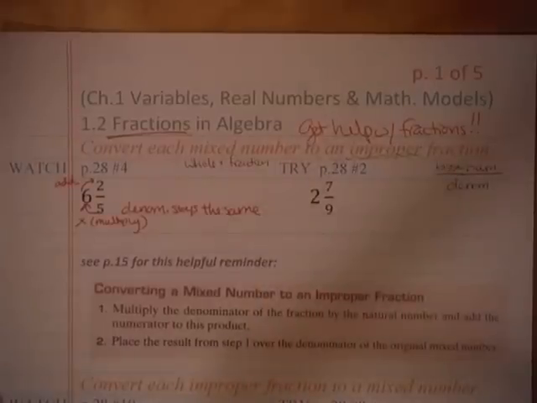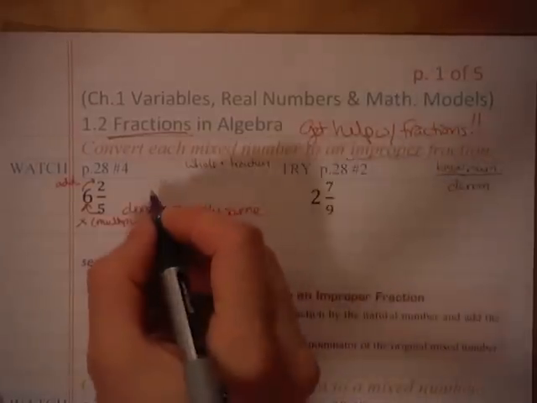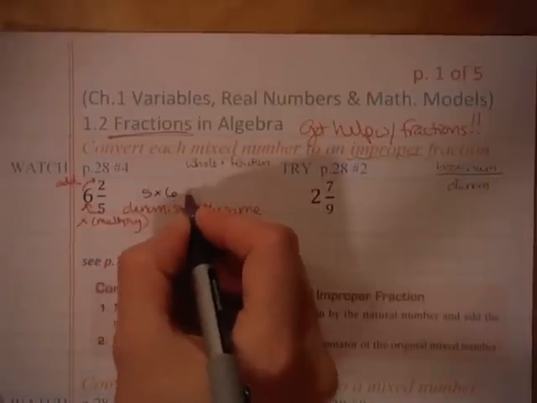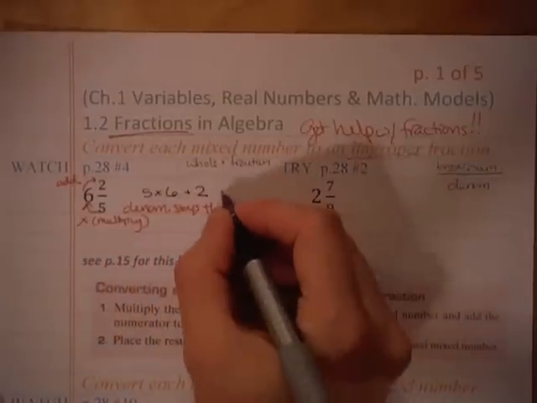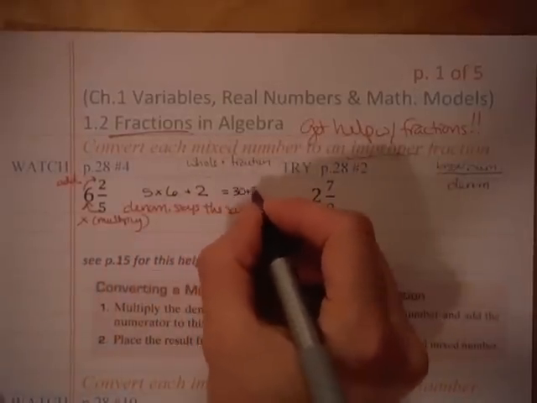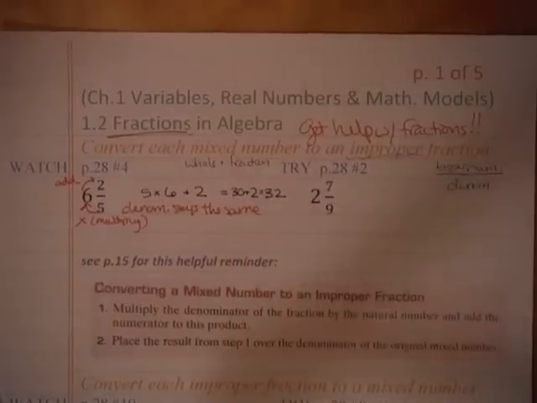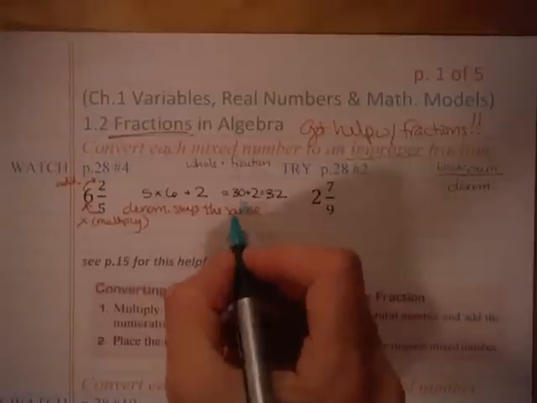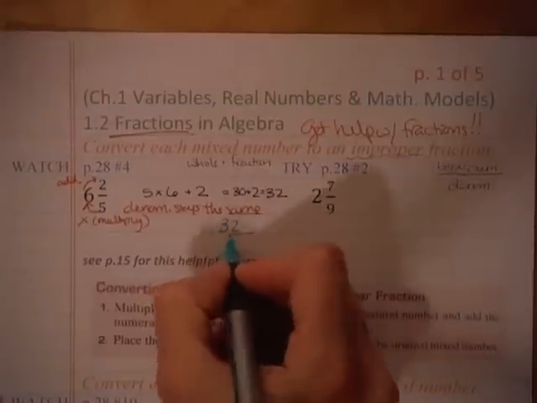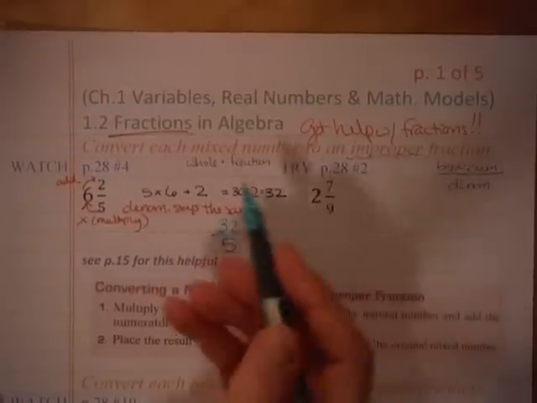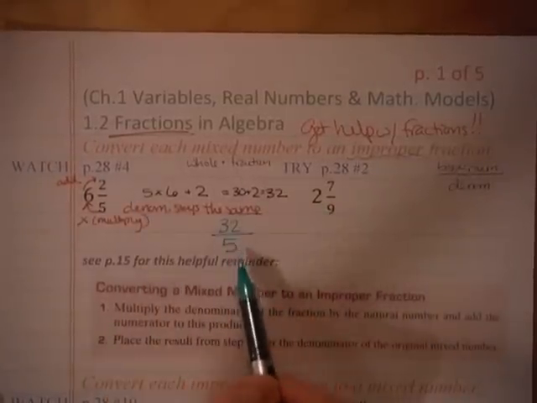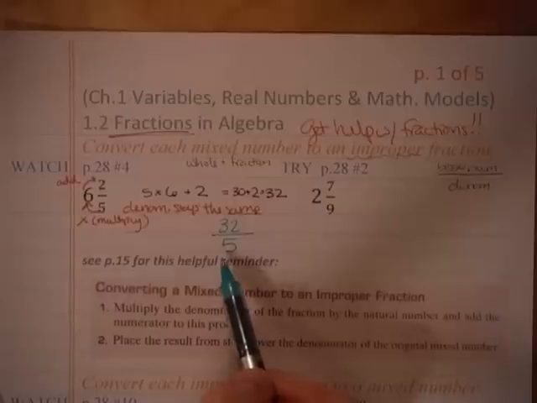So in this case, we're going to have 5 times the 6 plus the 2. That gives us 30 plus 2, using order of operations, or just 32. And then that 32 stays over that same denominator of 5. So 6 and 2/5 is really 32/5, and that's how you would say that.